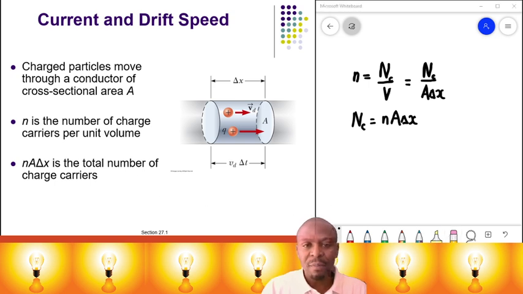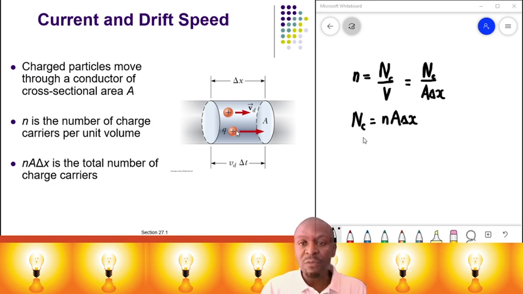Right. Now, if we know that this distance, when these positive charges are moving from here to there, we can denote that distance as a function of the velocity and time. Why?